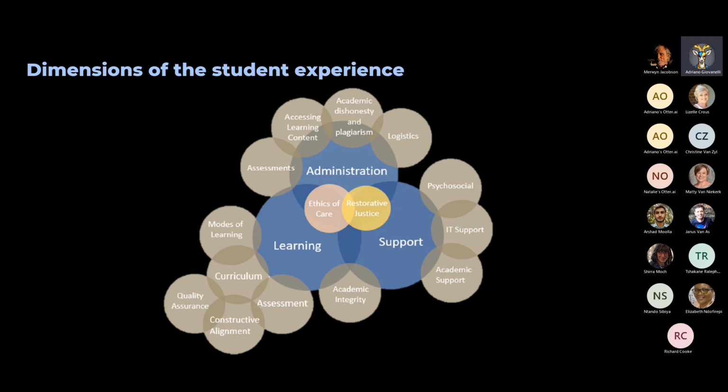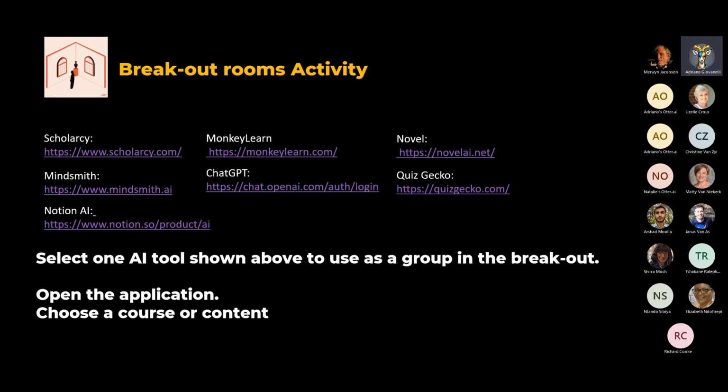What I want you to do now is the breakout room activity. In the breakout room activity, I want you to get into groups, choose one of these AI tools, choose a course, choose course content, and then answer the following questions.